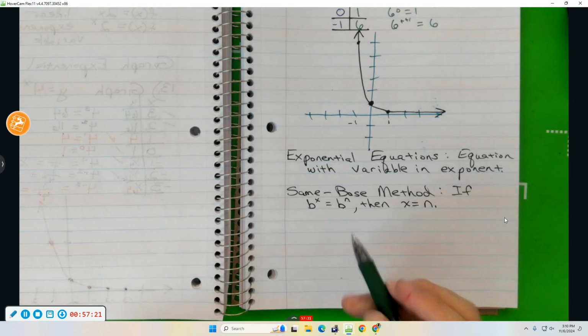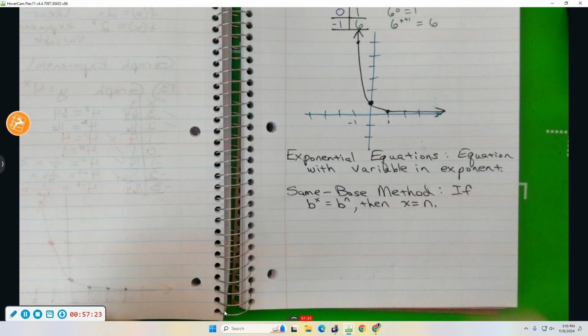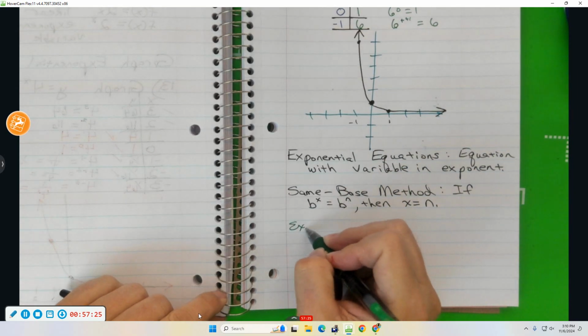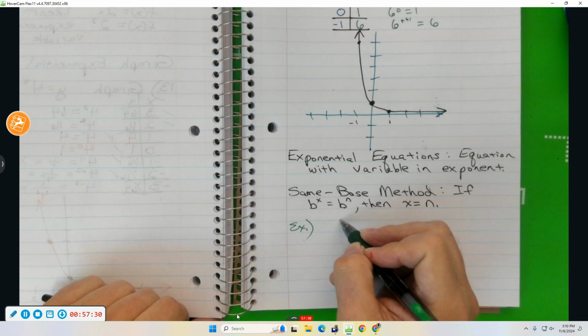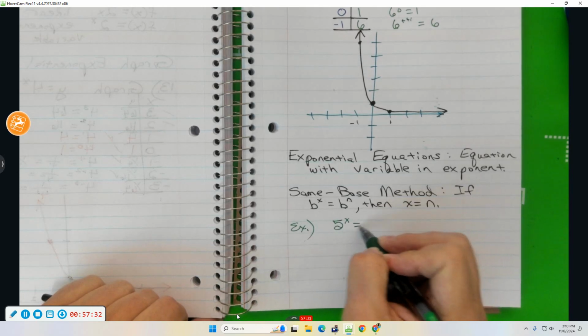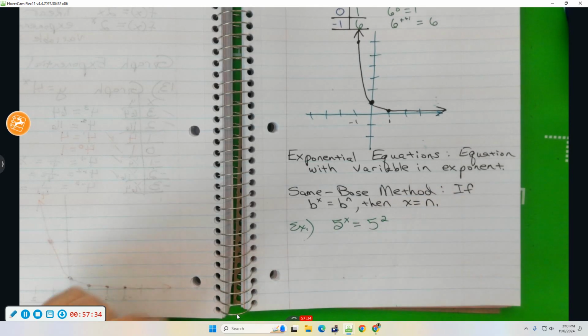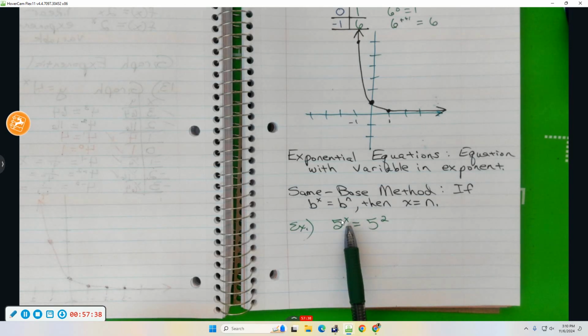Okay? And if you think about this, it makes sense. It's a very logical method. Suppose I wrote, here's the question, I want y'all to solve it for me: 5 to the x is equal to 5 squared. What's the only number you could put in there for x so that the left side of this equation equals the right side?